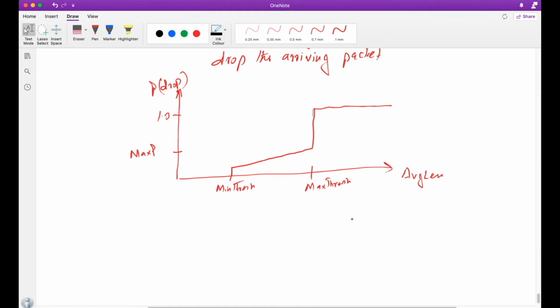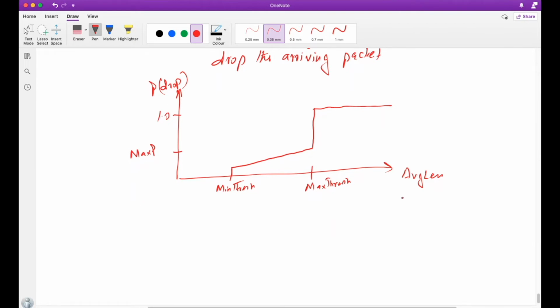So though we are representing the probability of drop as a function of average length, the situation is actually a little more complicated, right? Because p is a function of both the average length and how long it has been since the last packet was dropped. So it's more complicated than this simple representation.